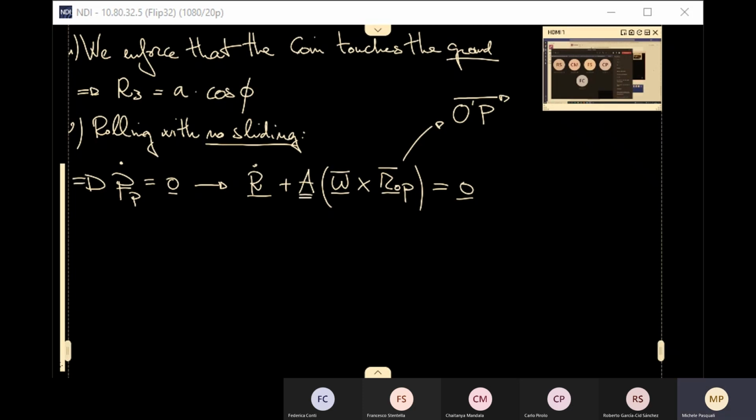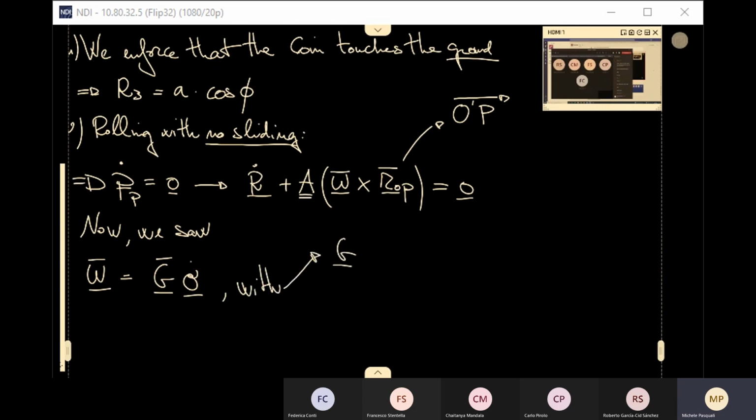Now, we saw that omega is basically, as we said, G applied over theta dot, with G being equal to the following. You can actually derive it, but I will spare you.